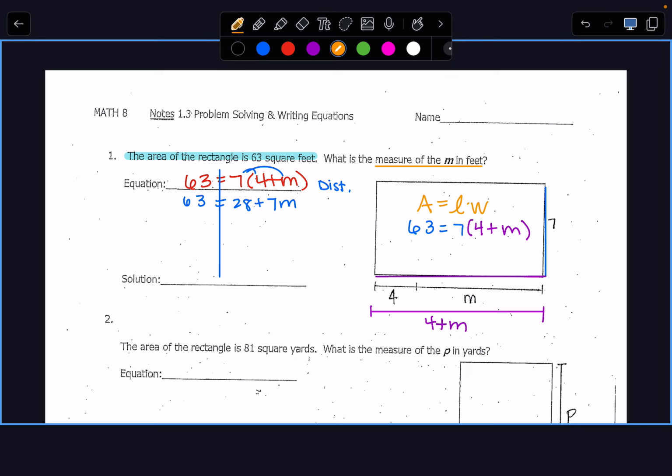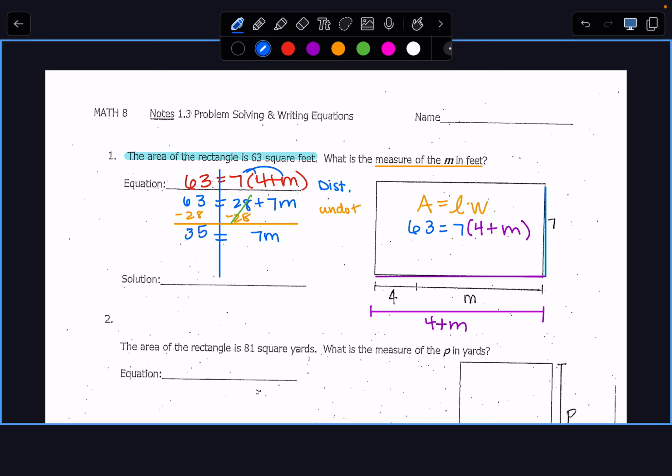We need to minus 28. We need to undo the addition by subtracting 28. So those go away, and we have 7m equals 35. Without a calculator, I love it.